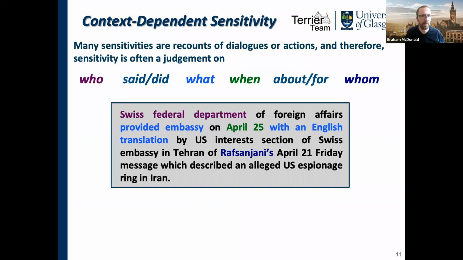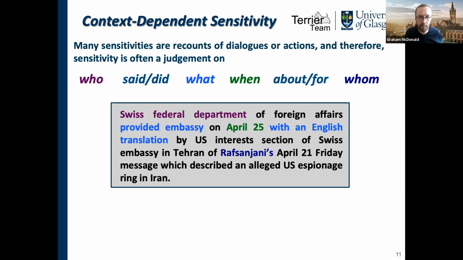Okay, so context-dependent sensitivity. This, like many sensitivities, is a result of the context that the information appears in. So it may be who has written the information, what the information is about, typically what it's saying about it, or who said it.